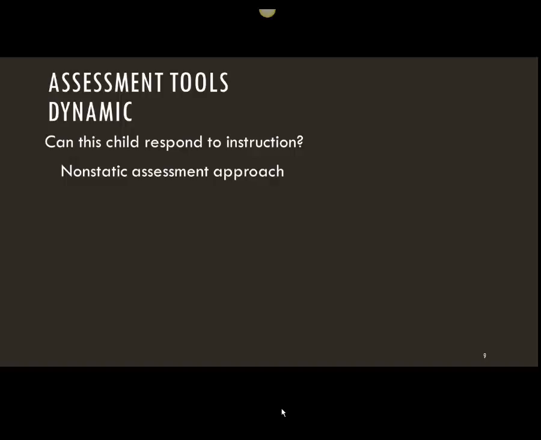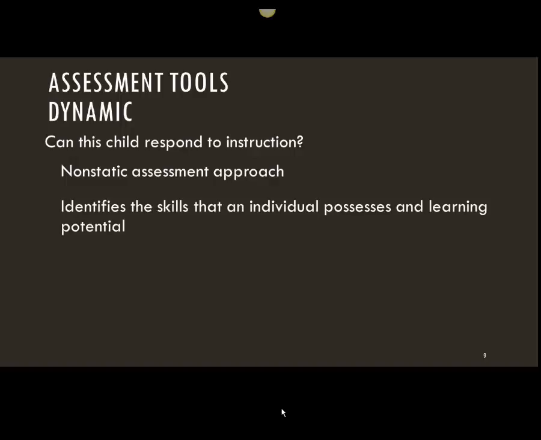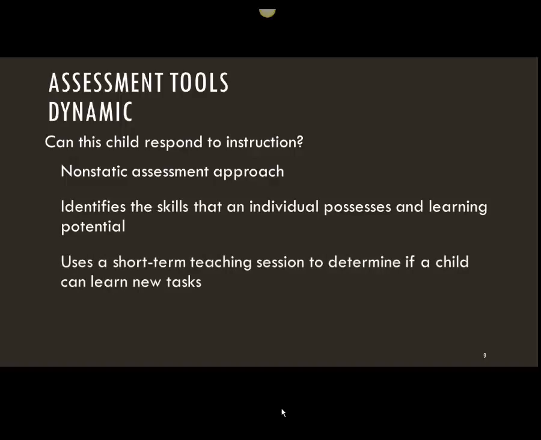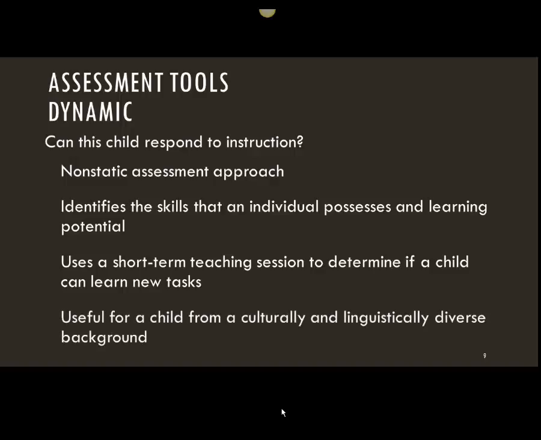Children who are developing typically usually make significant changes during the short-term teaching session. On the other hand, a child with language impairment cannot change performance with a brief exposure to the task. So with this type of assessment, we use a short-term teaching session, and we look at how well or how difficult it is for the child to learn a task.